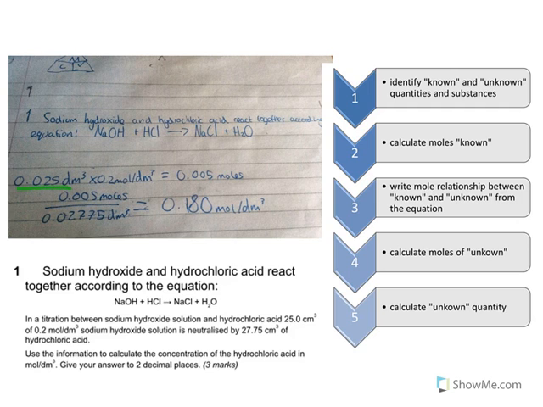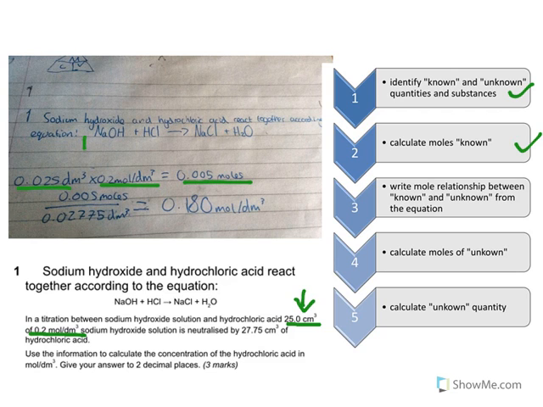So here you have correctly identified the volume and the concentration of sodium hydroxide, and you have also converted centimetres cubed to decimetres cubed, so that's correct. And you've calculated the moles of the sodium hydroxide here, which is step 2.